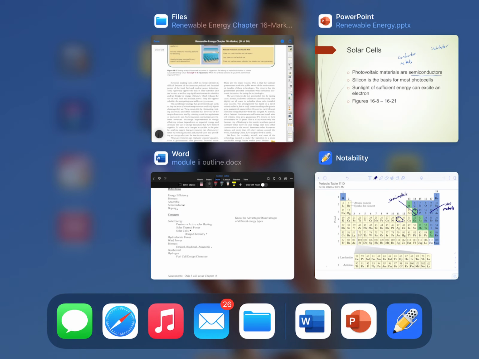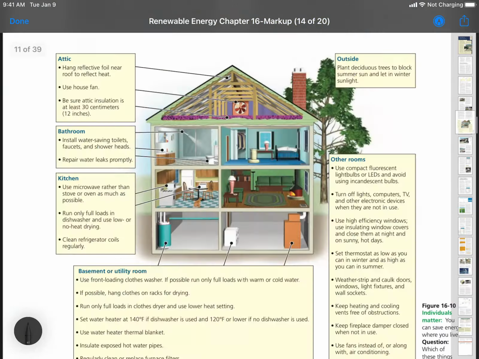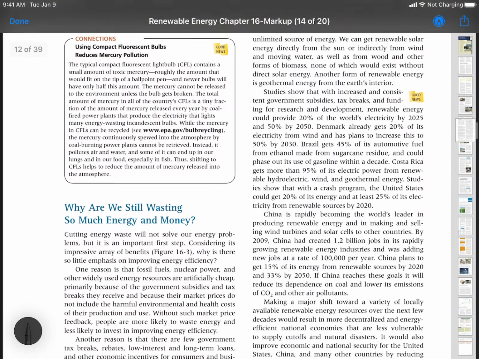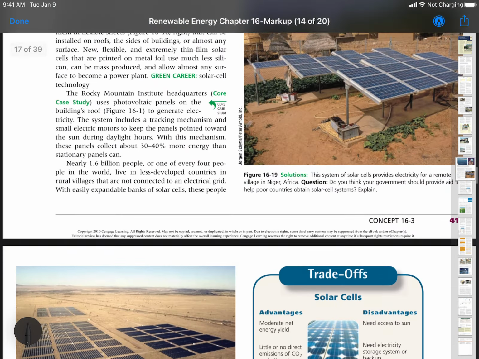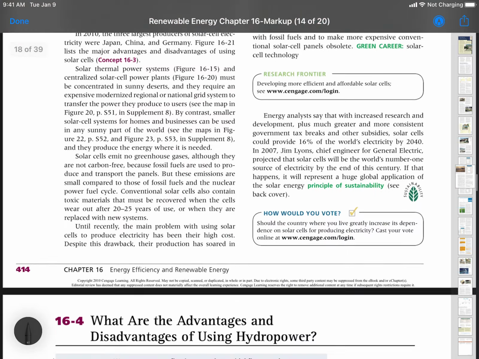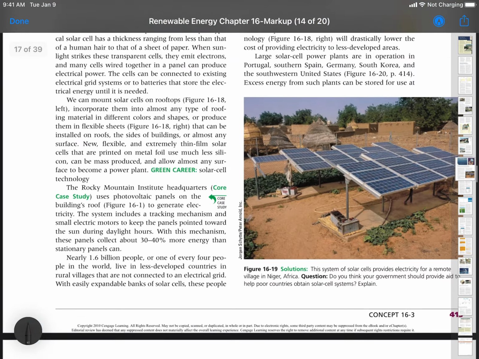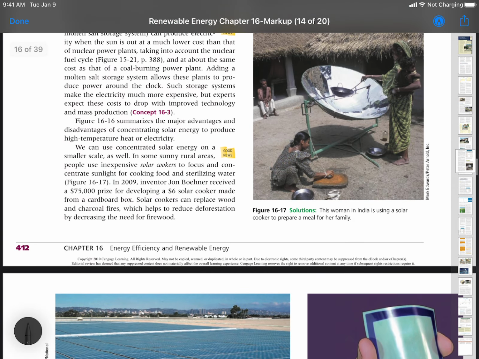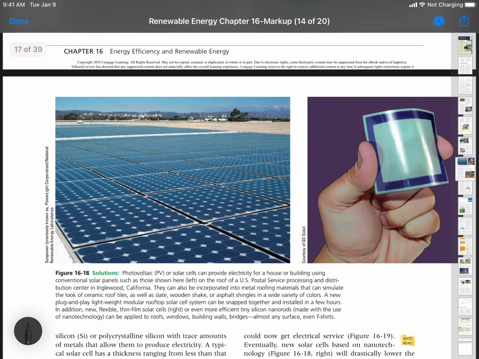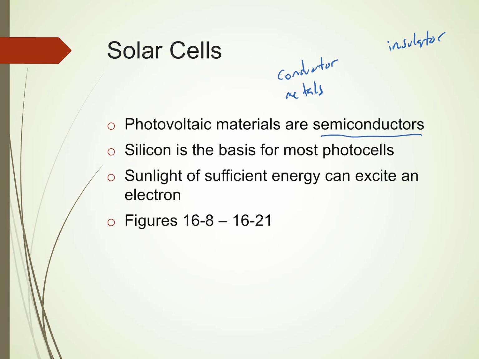Let's pull it up real quick. Let's see where the solar is. Just showing you, they're basically some basic pictures. That's all these are.